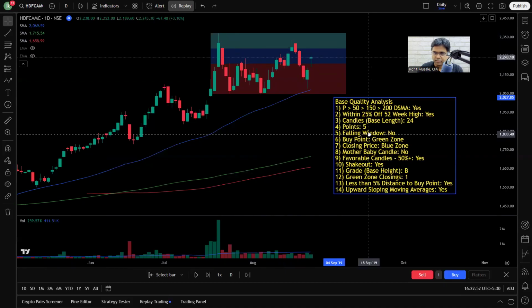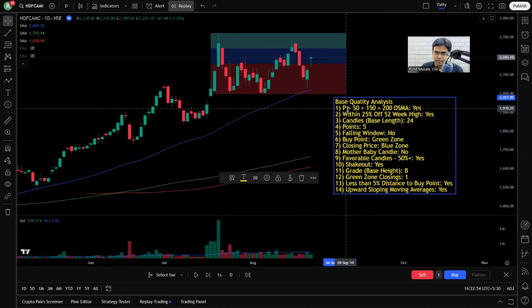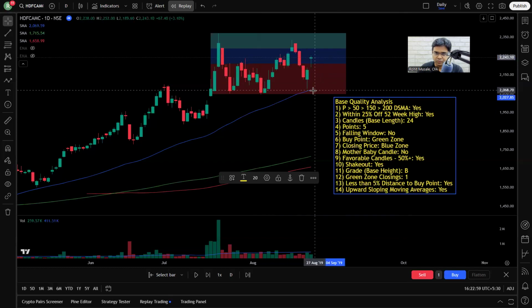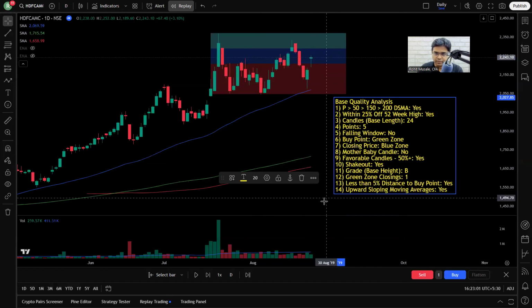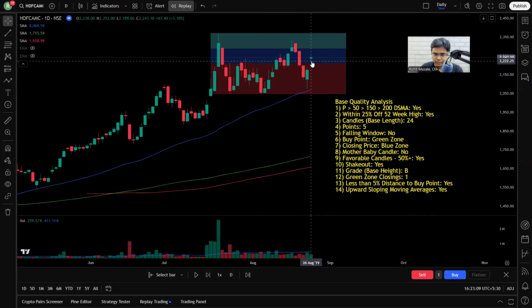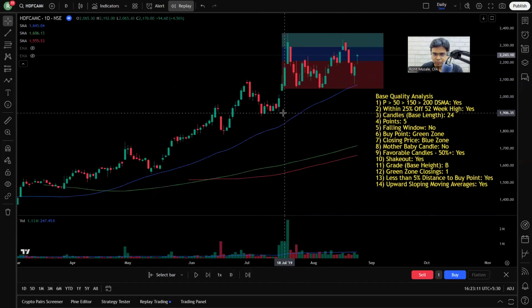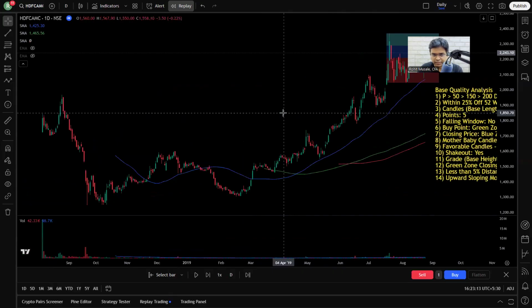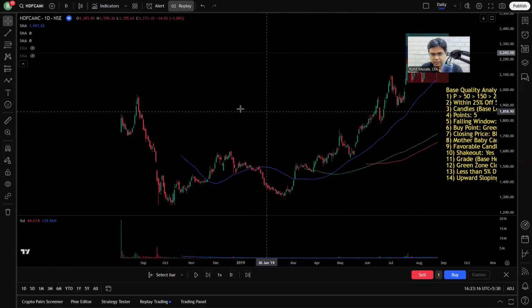So I have done the base quality analysis here. Is the price above the moving averages? Yes, the price is above the blue, the green, and the red. It is above the moving averages. Is the price within 25% of 52-week high? Yes. So this is 26th August 2019. If we go back to 26th August 2018, where is 2018?